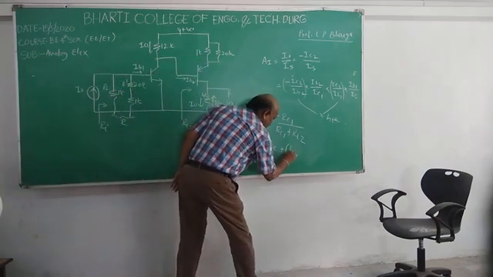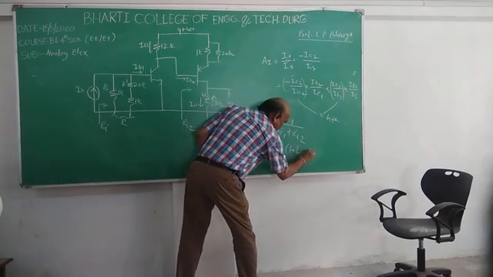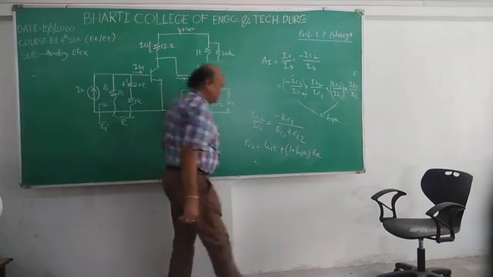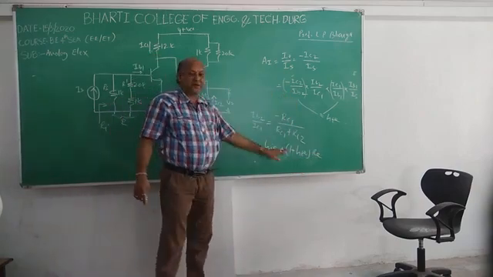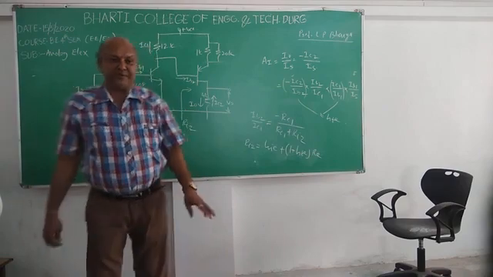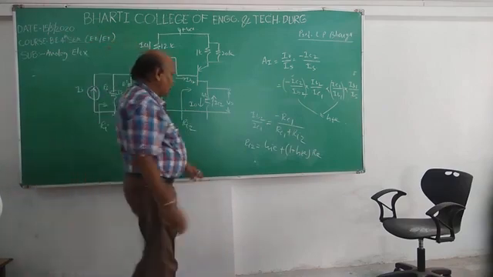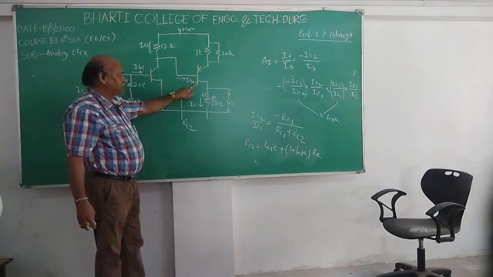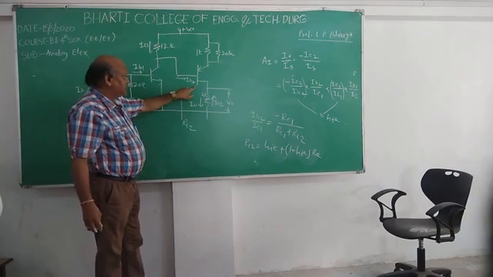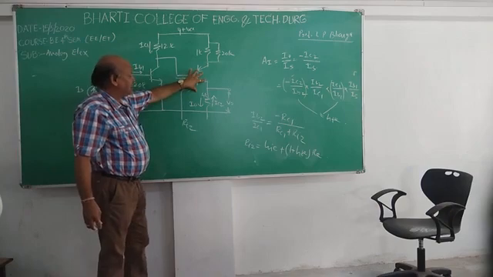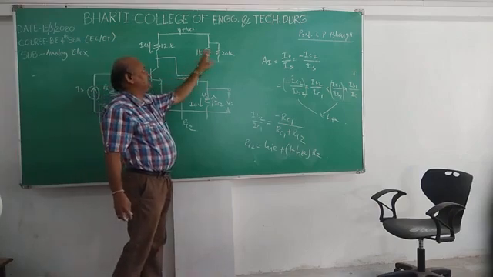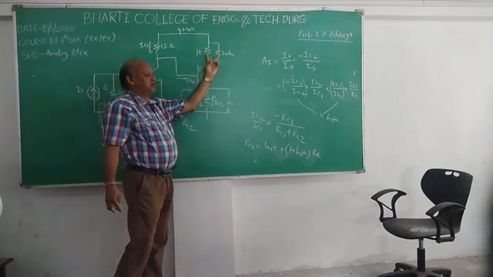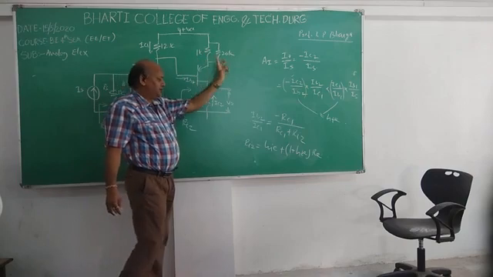So this is the formula from the low frequency parameter equivalent diagram. So RI2 will be equal to the input resistance of this transistor, HIE of this transistor plus 1 plus HFE into RE. RE is this parallel combination of 1 kilo ohm and 20 kilo ohm.